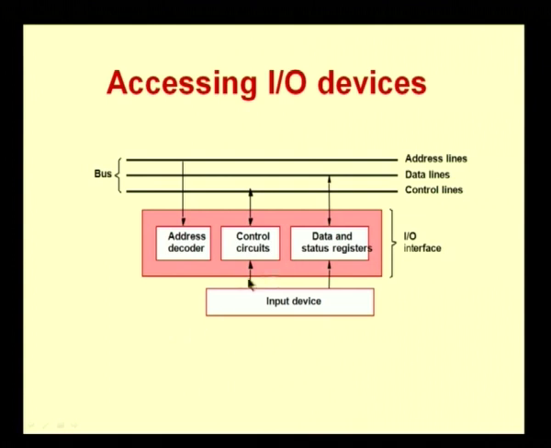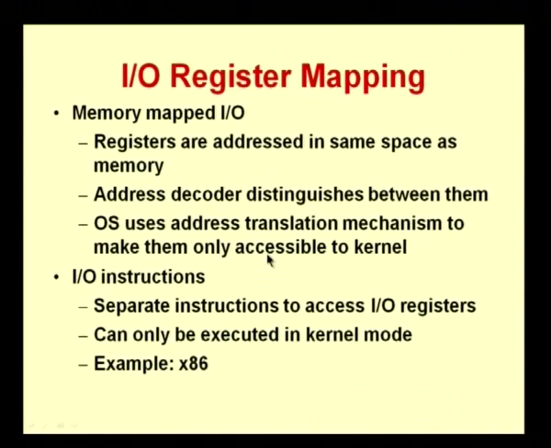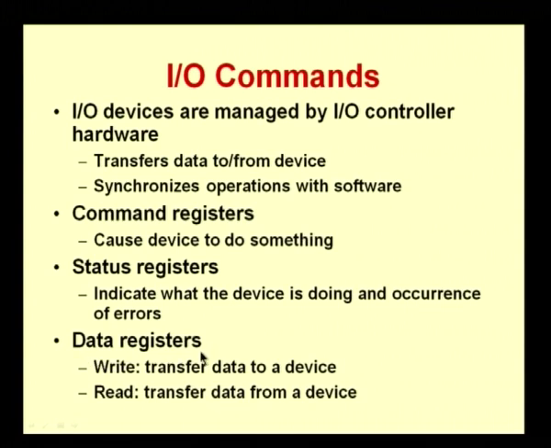So, you will have this address decoder for doing the decoding, control circuits which will take care of handling the different commands, and of course, you will have these data, command and status registers which will handle the interface between the devices and the processor. Now the question is, how do I address these registers?